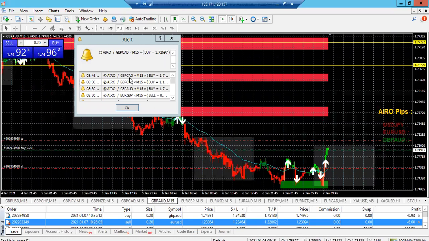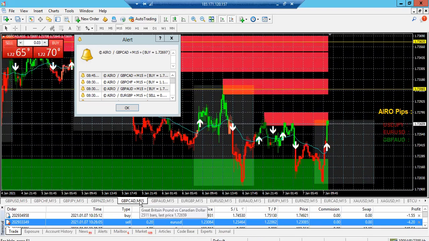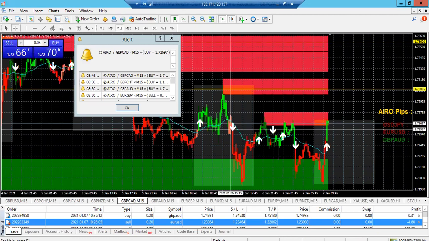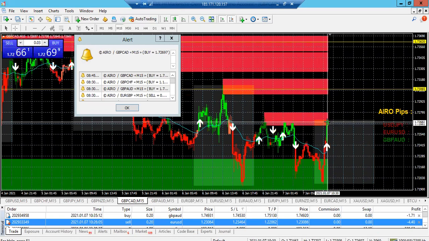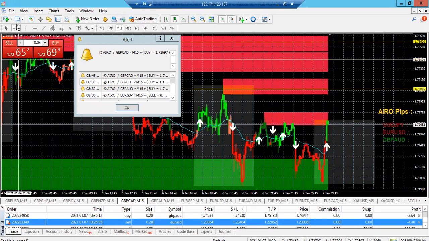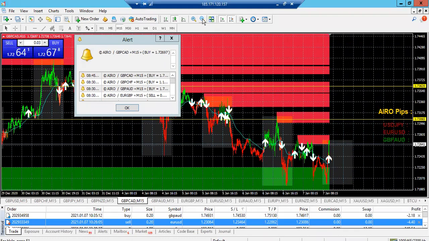So we'll move down to GBP CAD. We just got the signal on GBP CAD for a buy. Wow, so we got the signal, and let us see. Why in a resistance zone? I'm not checking anything. You're in the resistance zone, so no buy opportunity.